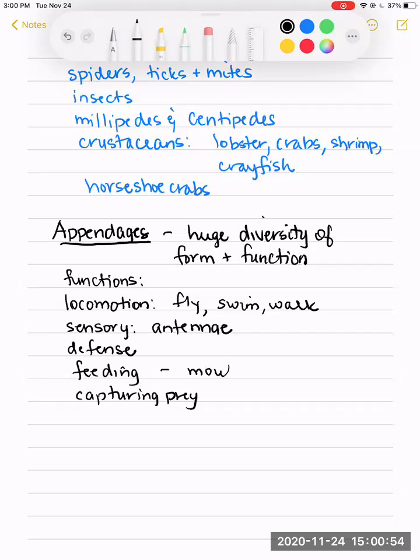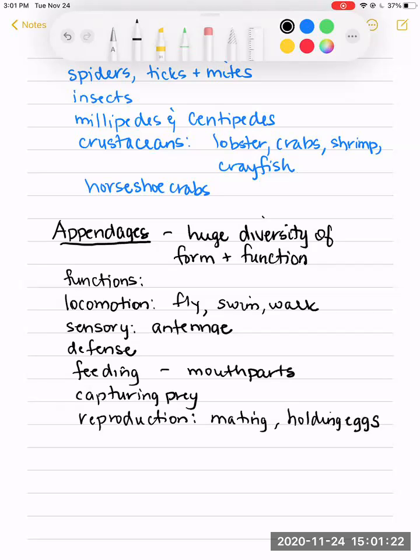The mouth parts are actually considered appendages, and they are so complex. Just looking at insect mouth parts alone, there's so much complexity there. I love insect mouth parts. They're so interesting. Reproduction, the actual mating, holding eggs. So lots of different functions of those appendages, and really arthropods have just gone wild with that.